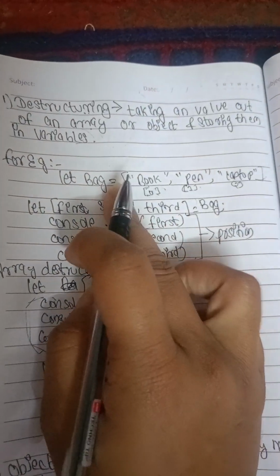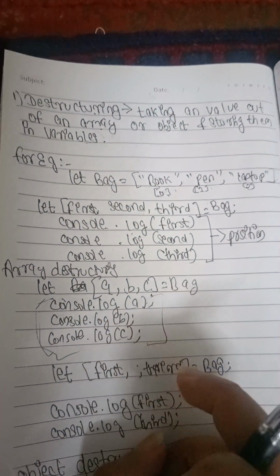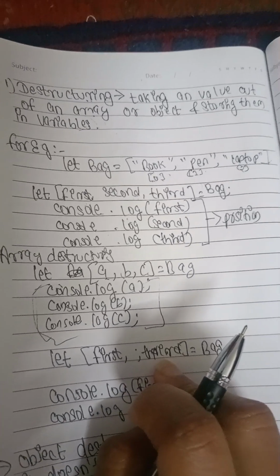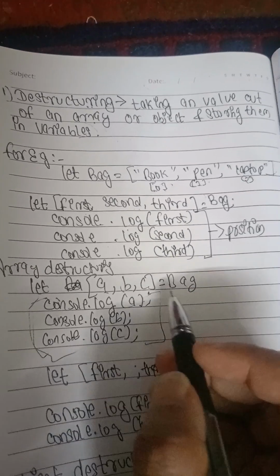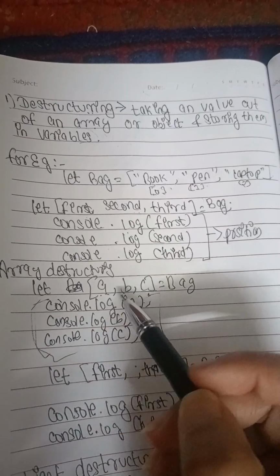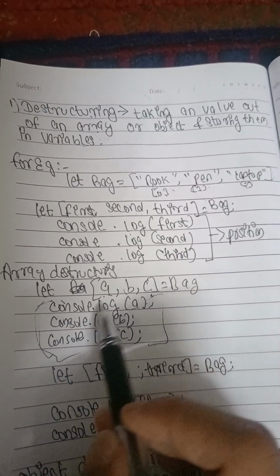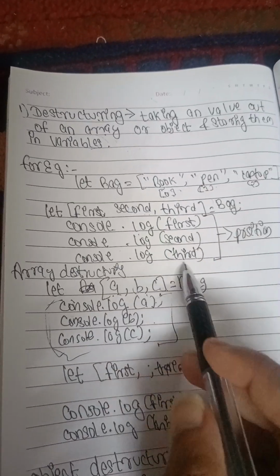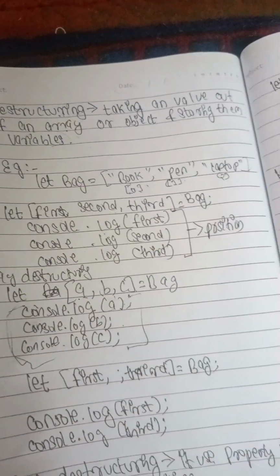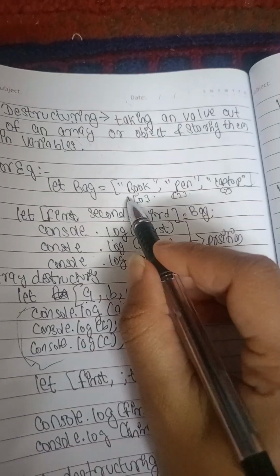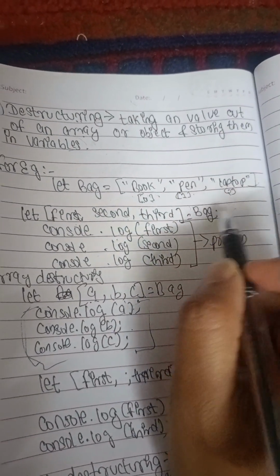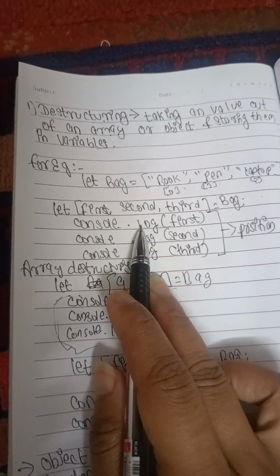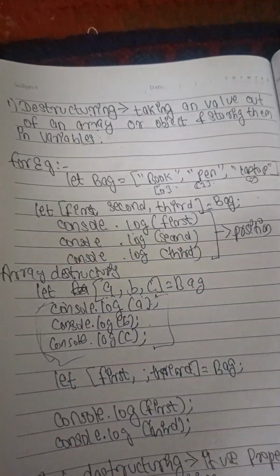Whatever we have inside our bag, I'm going to print like this: A, B, and C, not in terms of positions, but by creating variables A, B, and C. I just print A, B, and C in terms of book, pen, and laptop. This is how it is going to print. So think of it like book is A, pen is B, and laptop is C. It is the same as positions, but I'm just putting a variable here.